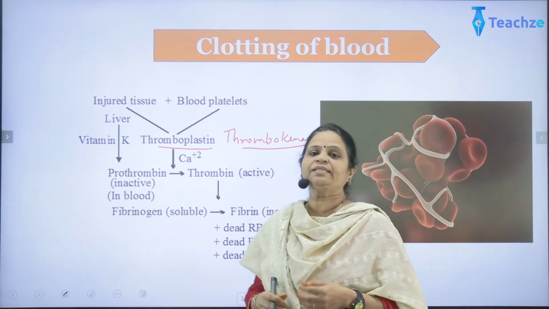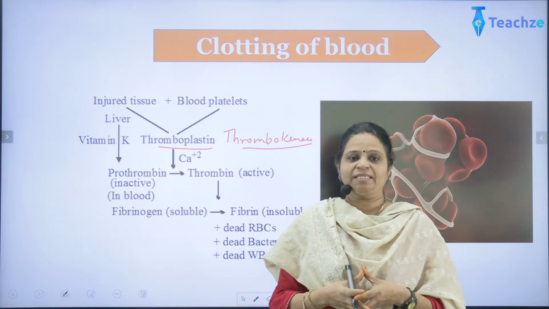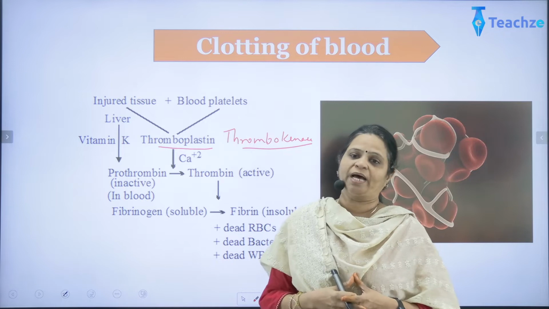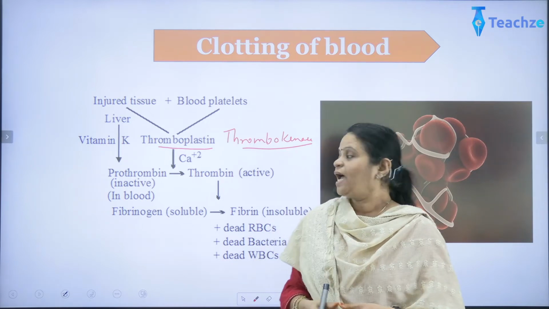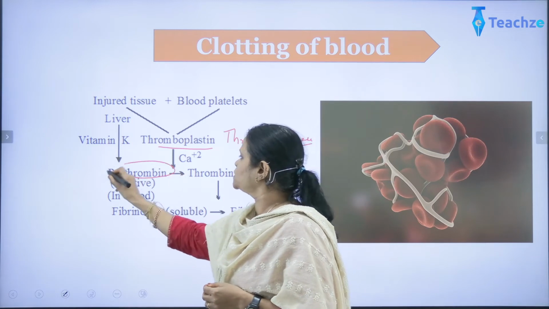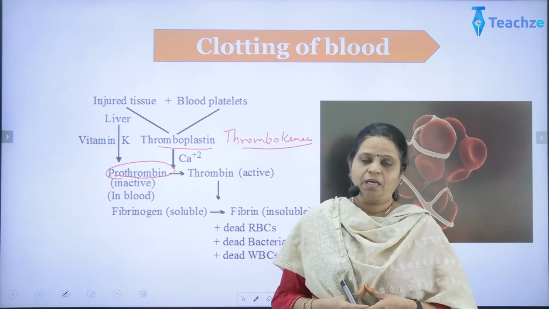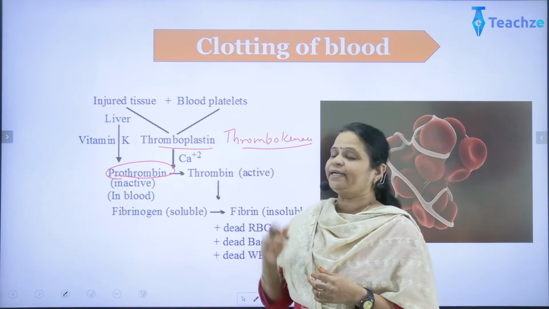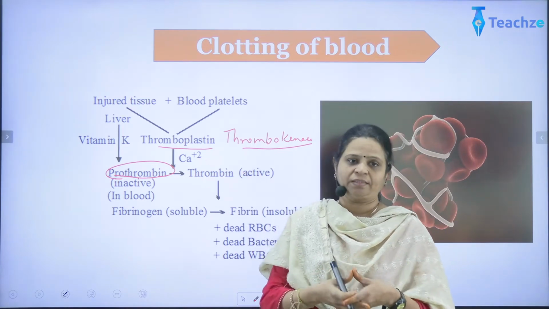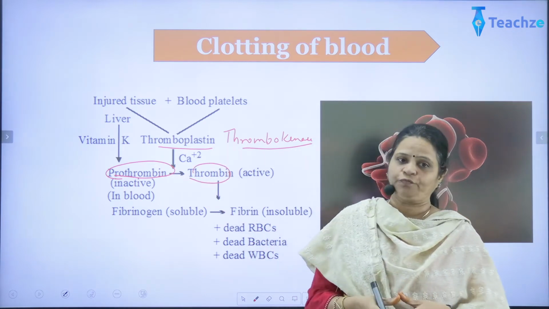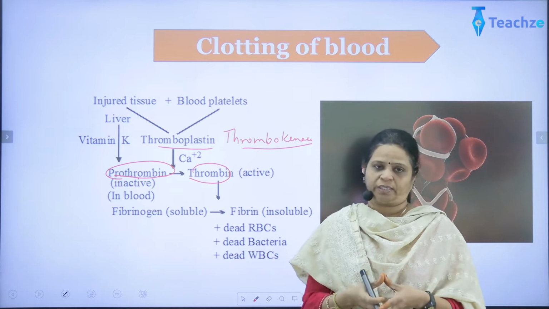Now why do we need this enzyme? This enzyme along with vitamin K helps in the production of calcium ions, and these calcium ions will activate an inactive form called prothrombin. Why does prothrombin have to be converted? Because only when it takes the vitamin K from the liver and the calcium will it be converted to thrombin, which is an active form that initiates the clotting process.